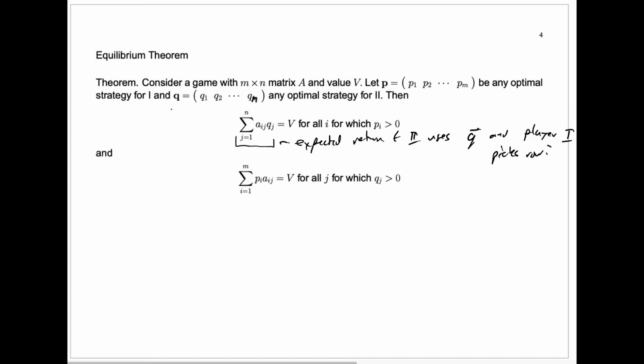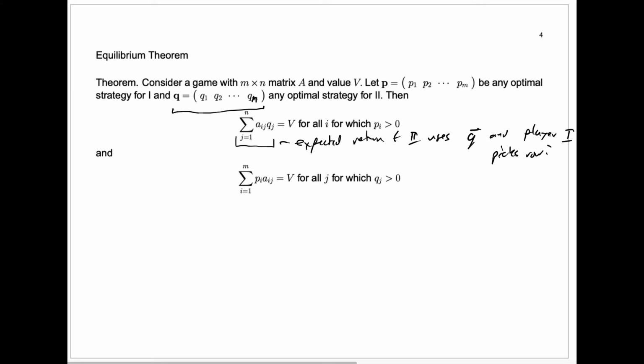So we're in the situation where player 2 is playing an optimal strategy Q, player 1 is playing an optimal strategy P. Some of these might be zeros. In an optimal strategy, player 1 might just ignore some rows. Well, in those cases where player 1 ignores that row, we certainly can't make the claim that the expected return when player 1 plays that row will be equal to the value of the game. Maybe the expected return would be much worse for player 1, much better for player 2.